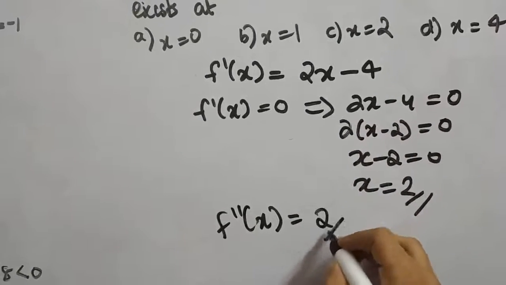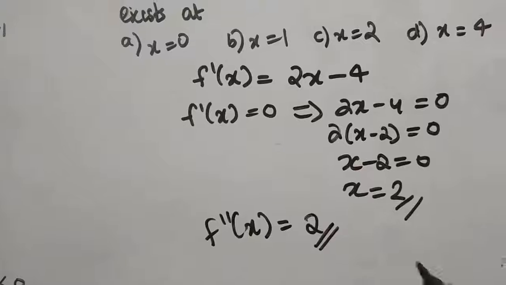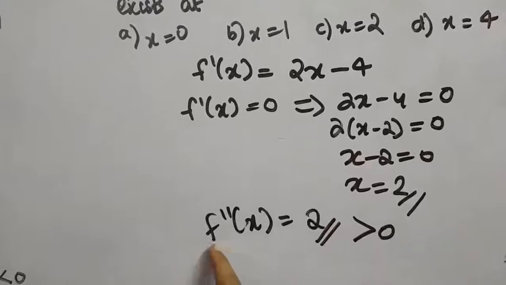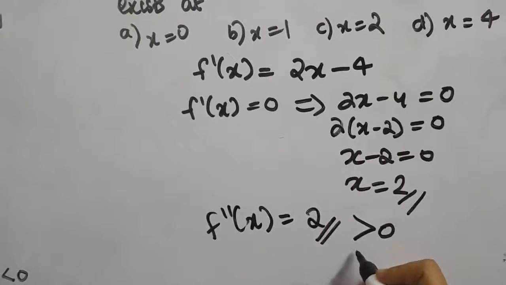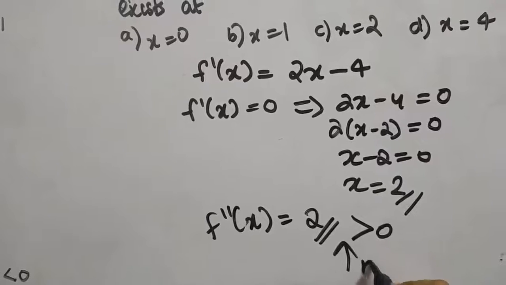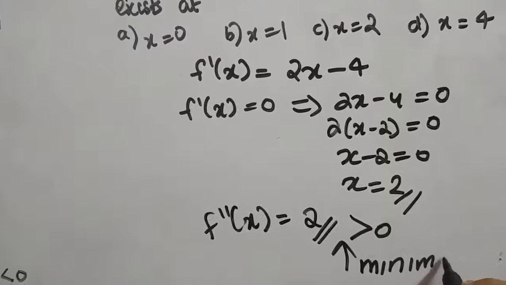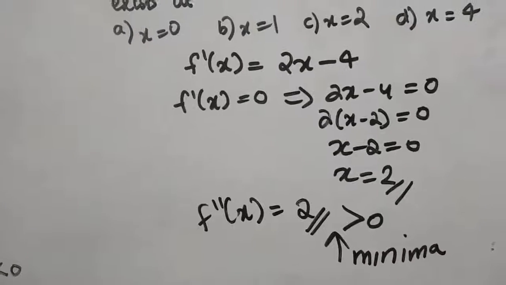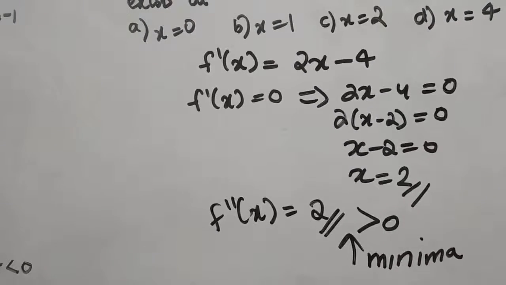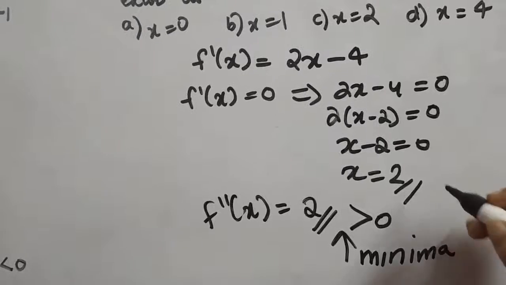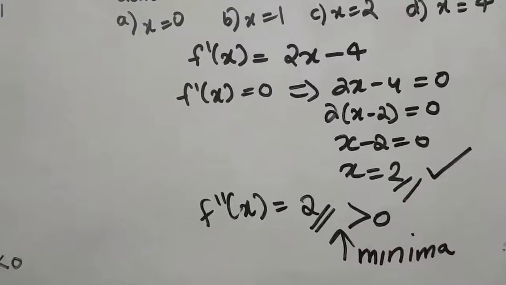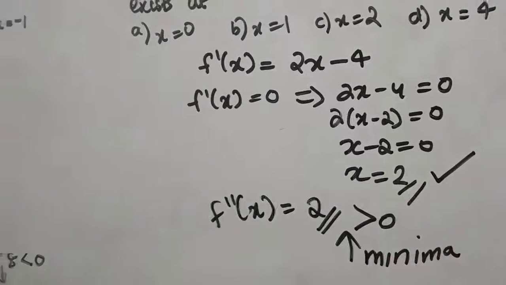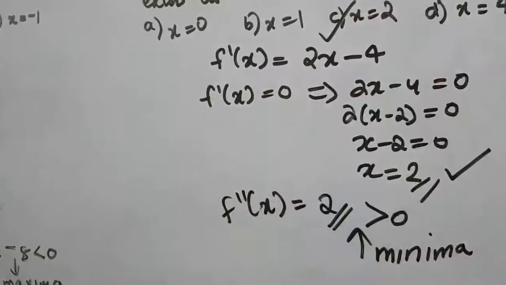So you will get 2. So 2 is greater than 0. So if f double dash of x is greater than 0, then we can write there exists a minima. There exists a minimum value, and that minimum is occurring at x is equal to 2. So the answer is x is equal to 2. Option C.